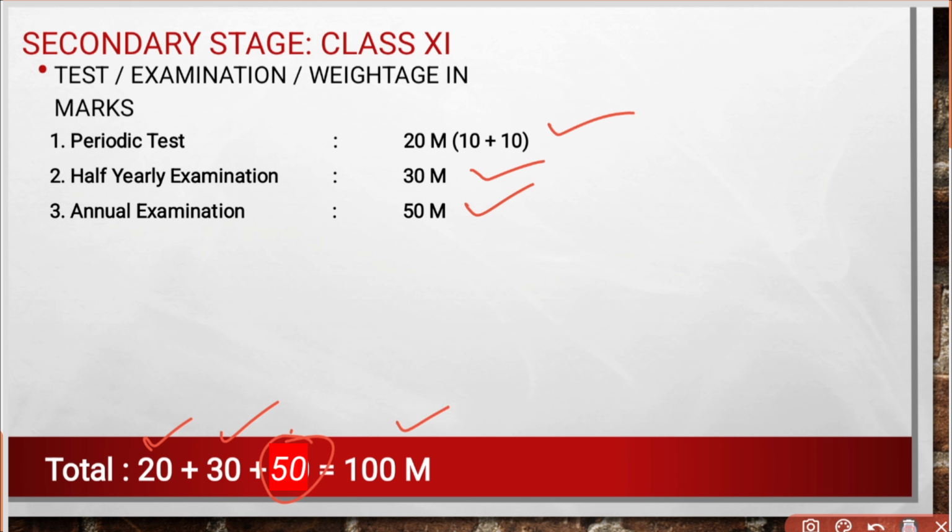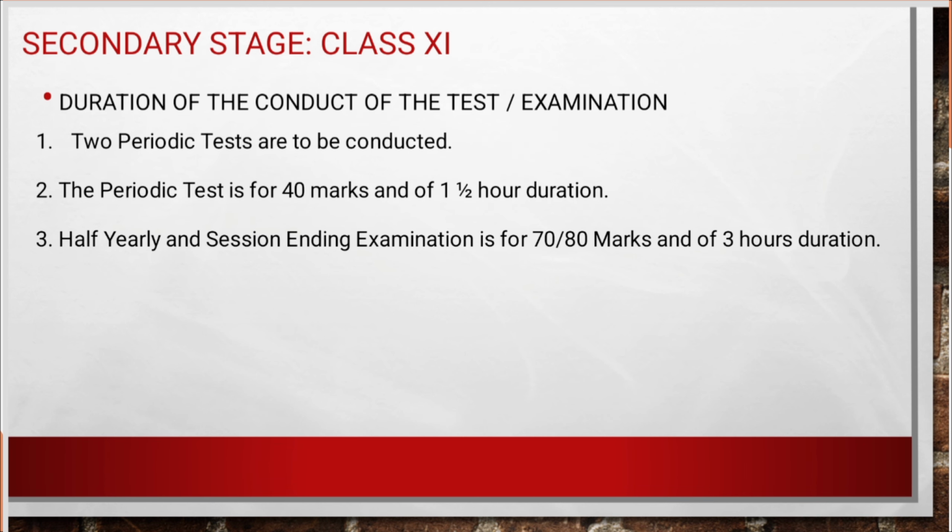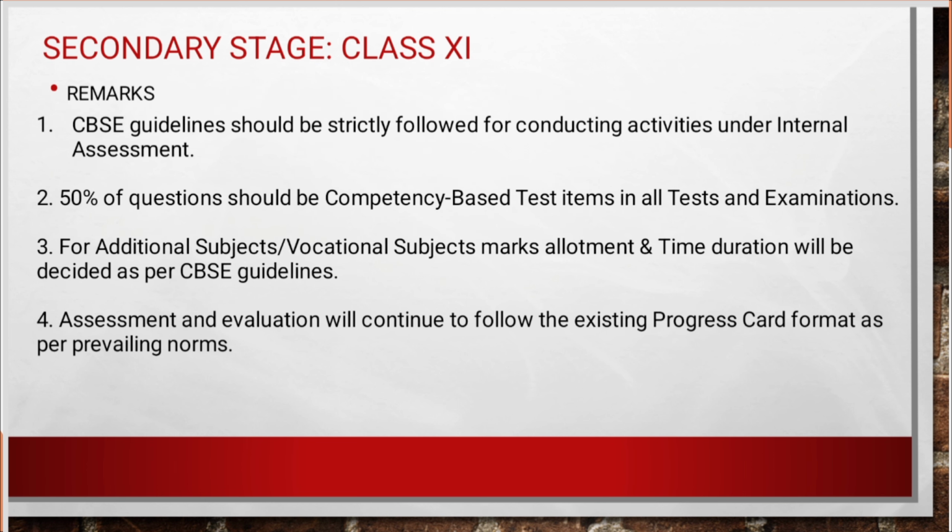Then in total you are going to get 100. Here, some typing error is there. Then 2 periodic tests will be conducted of 40 marks, 1.5 hours duration. Half yearly and annual exams will be of 70 or 80 marks. Time duration is 3 hours. Then CBSE guidelines should be strictly followed for conducting activities under internal assessments.